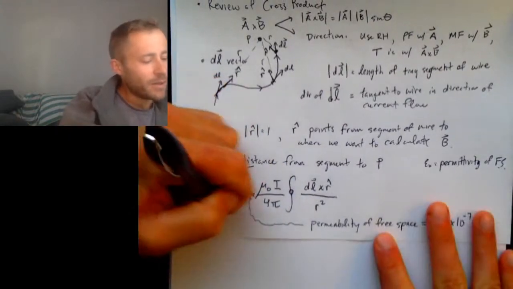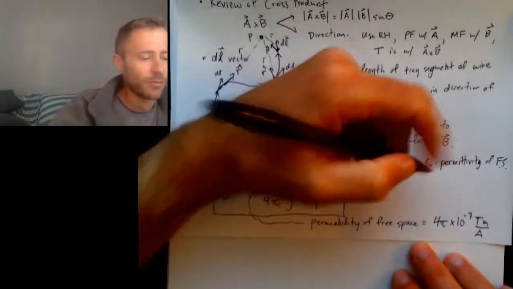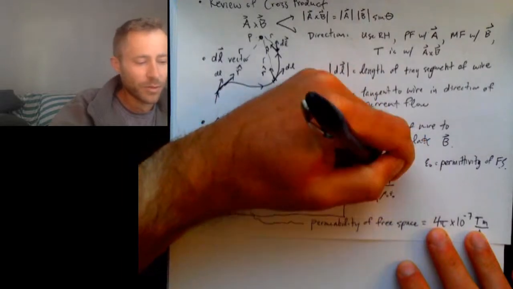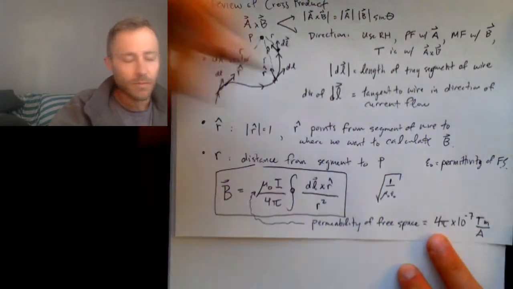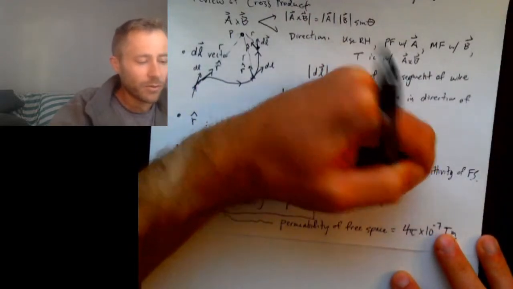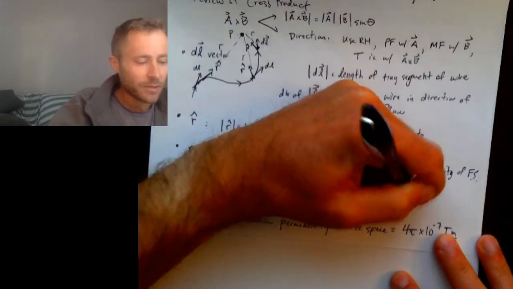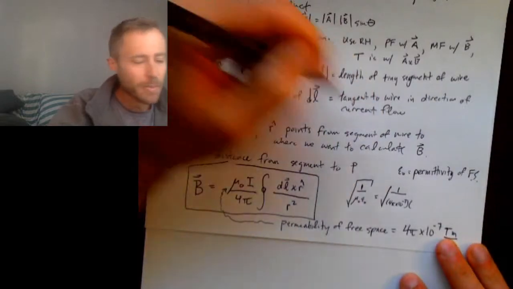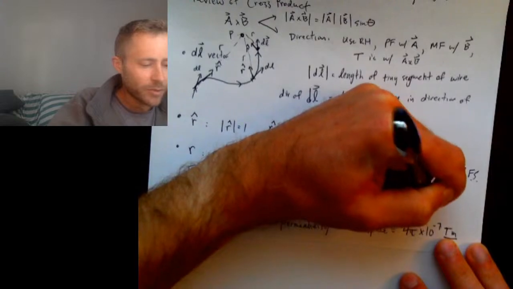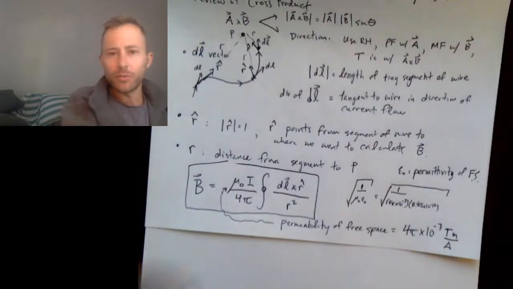And in fact, I'll just do a fun little calculation for you guys. What if I did 1 over mu naught epsilon naught, and then I square rooted it? So that would be the square root of 1 over 4 pi times 10 to the minus 7 times 8.85 times 10 to the minus 12. Let's work out what that is.